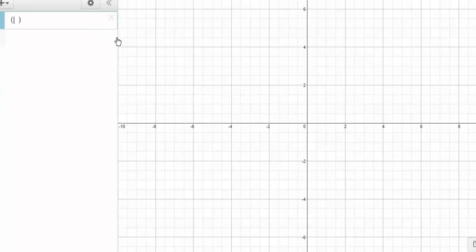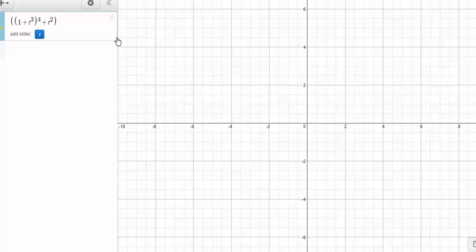What we're going to do in Desmos is enter an ordered pair with the equations for the parametric curve. So x is 1 plus t to the third, raised to the fourth, plus t squared.